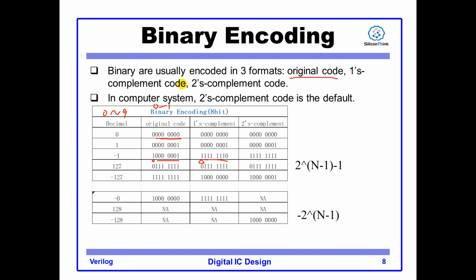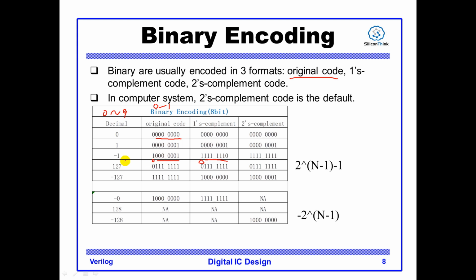And this last is the 2's complement code. The positive numbers in 2's complement code are the same as the original code. The difference for 2's complement is also at negative values. It is based on 1's complement and adds 1 to it.